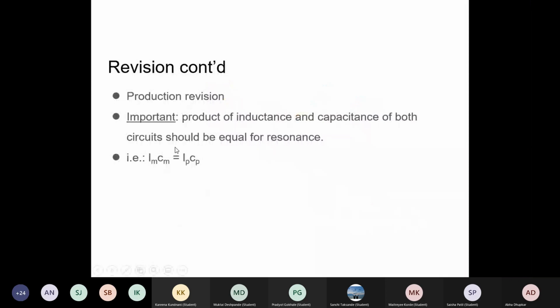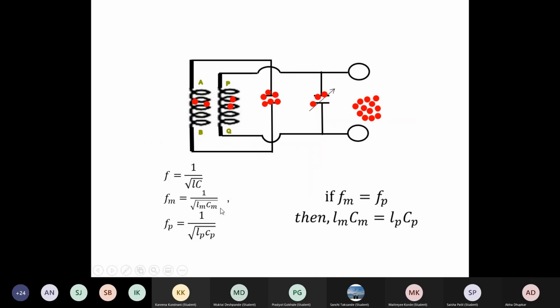We are looking at this, and we are now going to consider this. If I have to have the frequencies match, then the product of this inductance and capacitance should match the product of this inductance and capacitance. Is it matching right now? There are exactly 12 red dots in between the two paired electrodes, right?